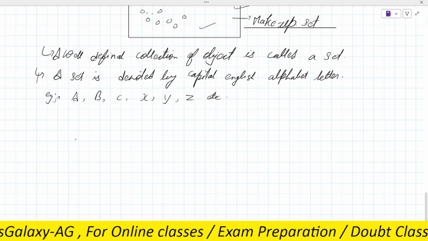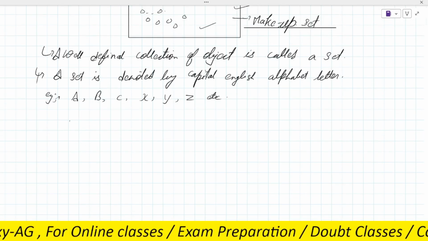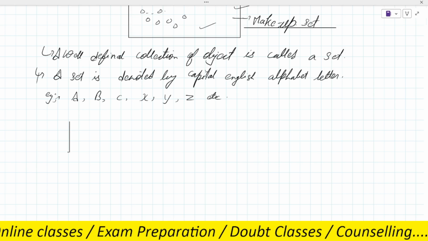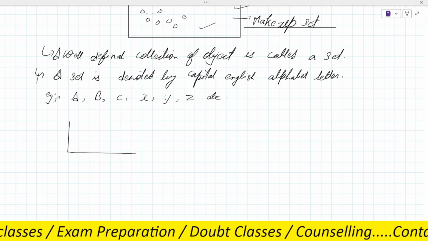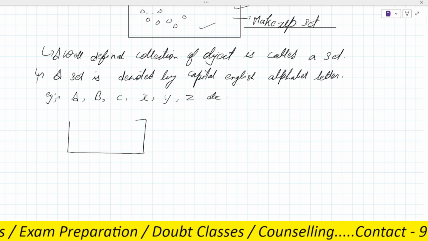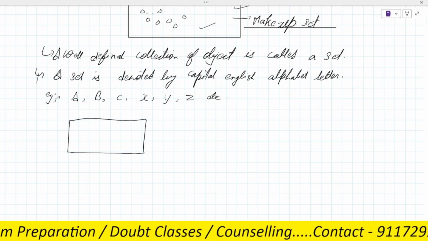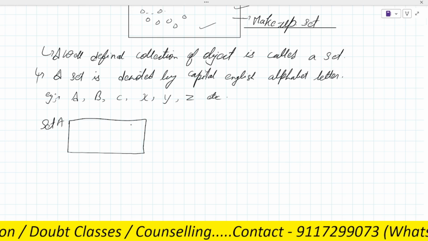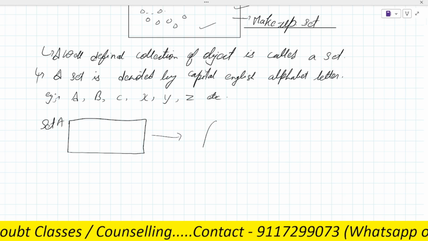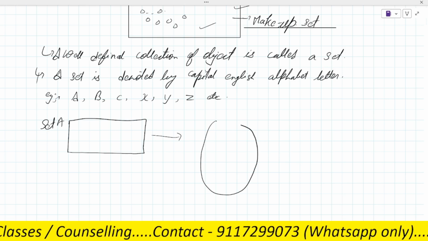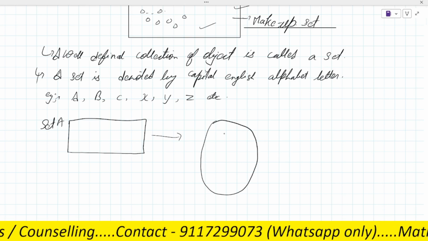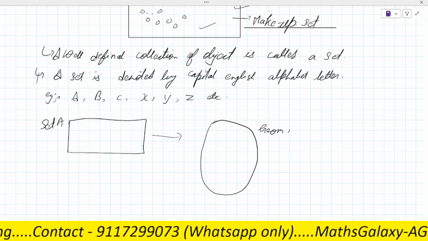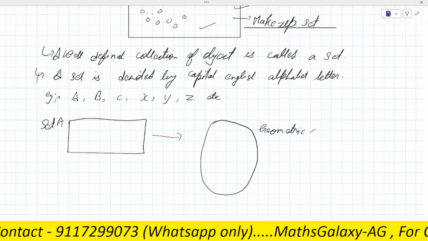And the objects that are inside the set, or we can say the box. Suppose this is set A, or we can represent it like this, a pictorial representation. Suppose this is the geometry set.